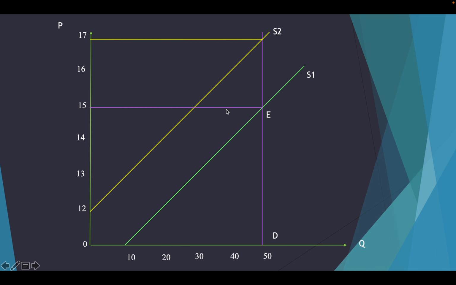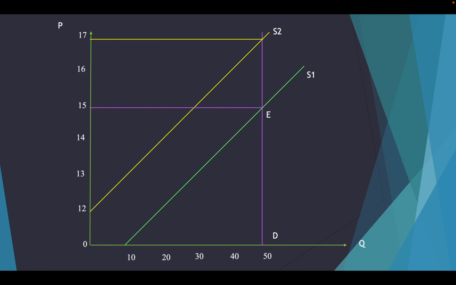Then the supply curves S1 and S2. Supply curve S1 is the supply curve before the tax, with equilibrium price 15 and equilibrium quantity 50. And this supply curve is after the tax.